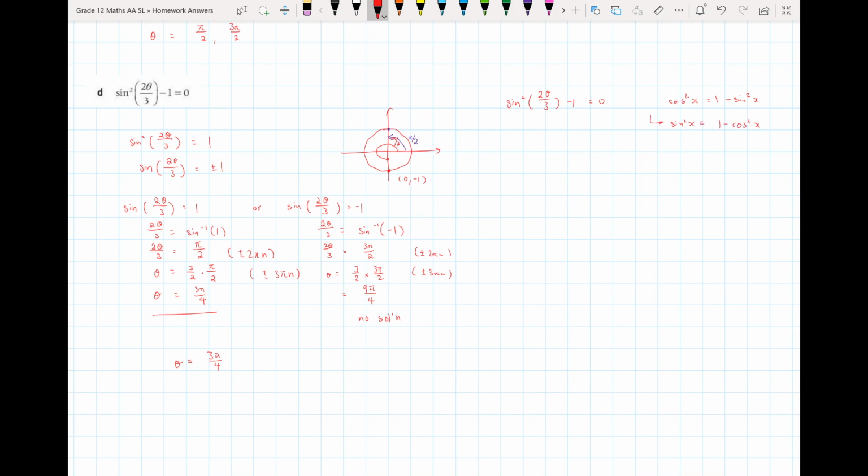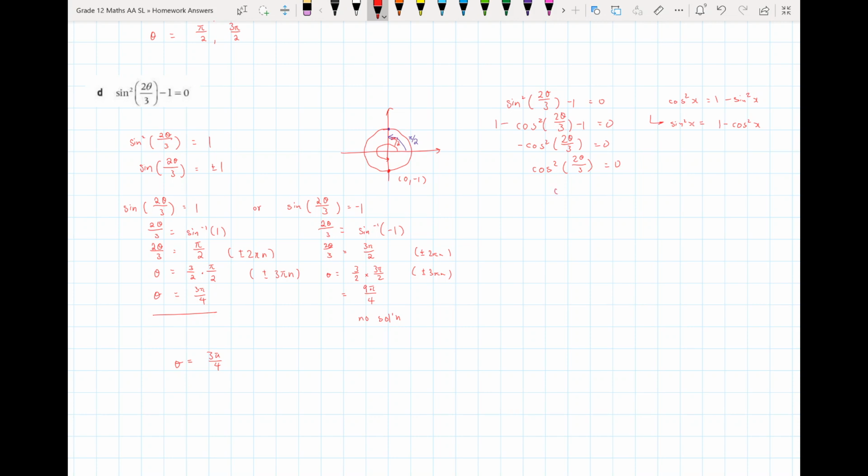So let's use the second form. If I replace this with this here, I will have negative cosine square 2 theta equals 0. Therefore, cosine square of that equals 0.